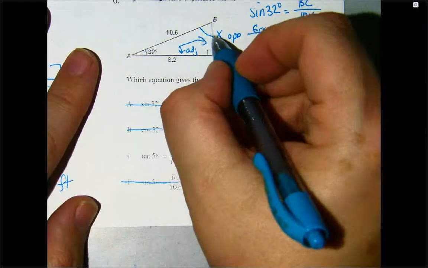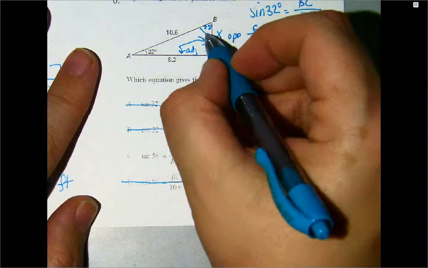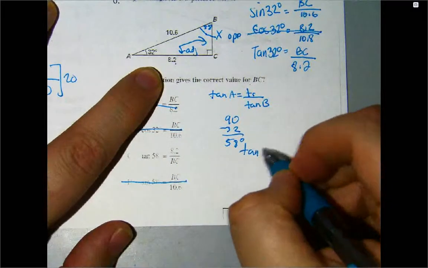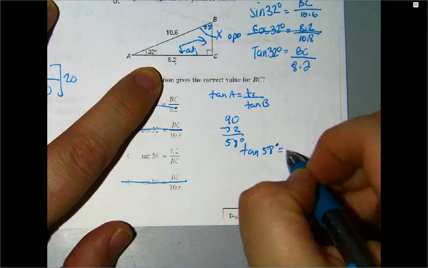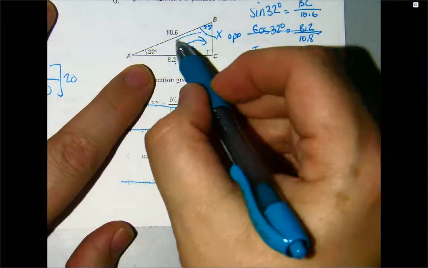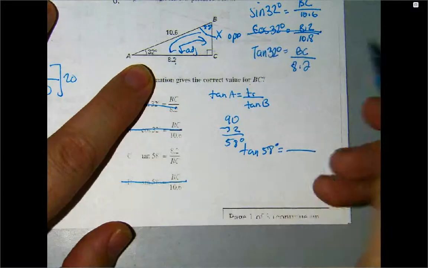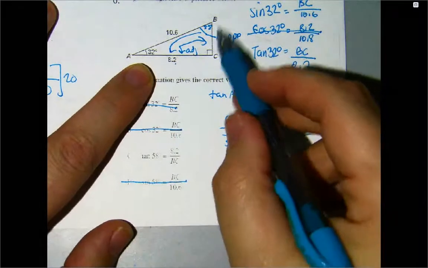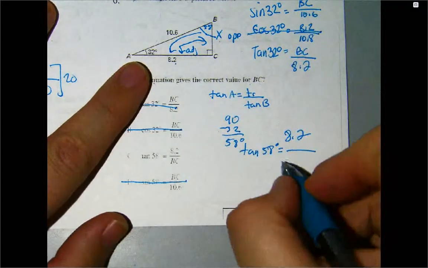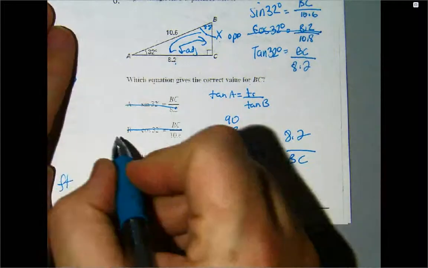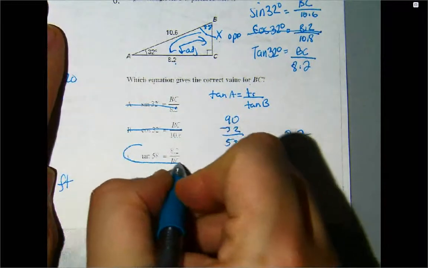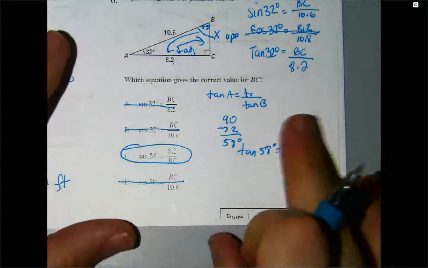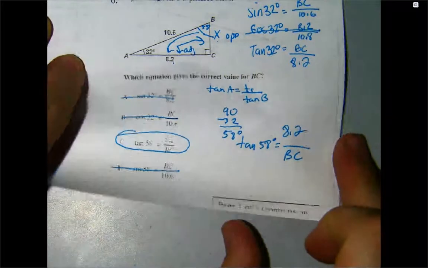The tangent would be the opposite side of 58, which is 8.2, over the adjacent side, which is BC. So that's kind of the reason why that one works for you. But the nice thing is you could also have eliminated a bunch of them.